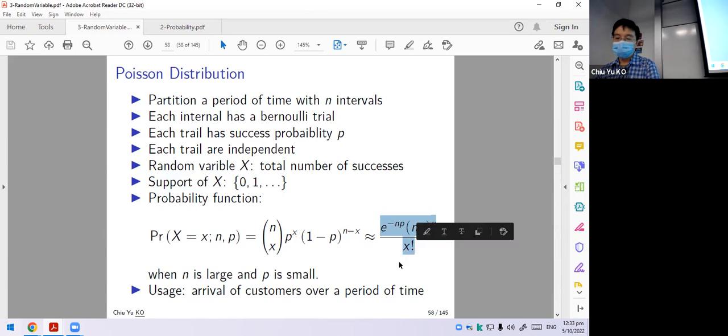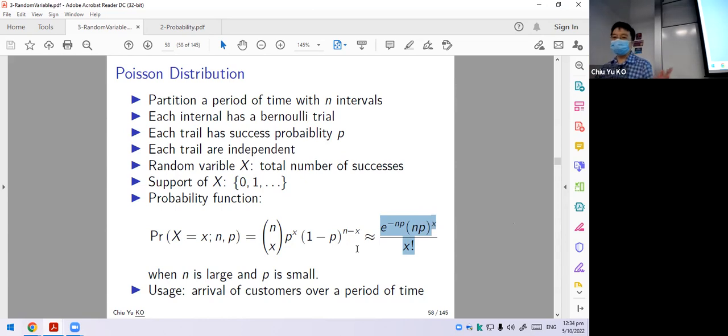It turns out it doesn't really matter what the values of n and p are separately, only n and p times together matter. But what's np? np is the mean of the binomial. It doesn't really matter what n and p are, but rather lambda.